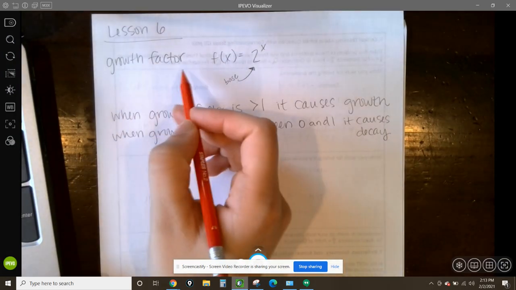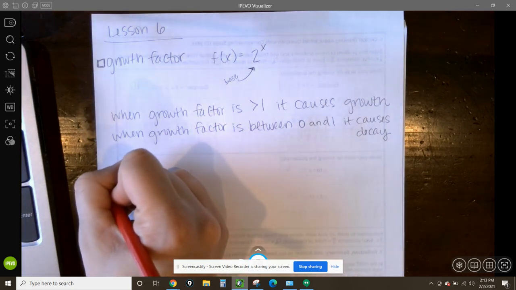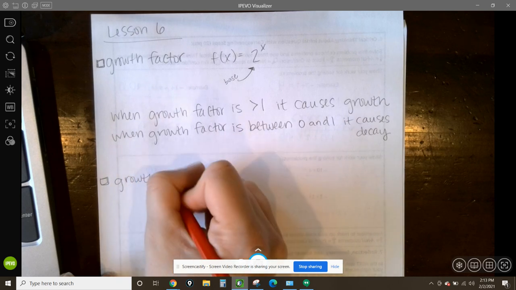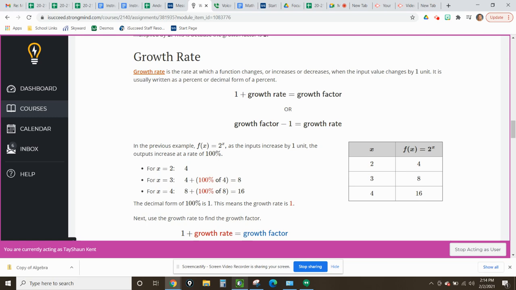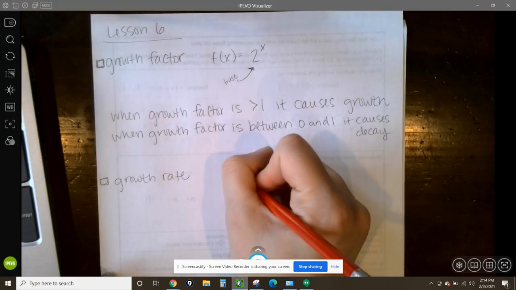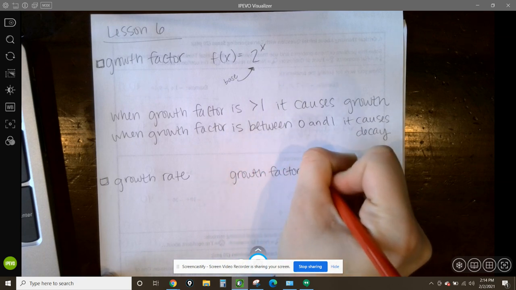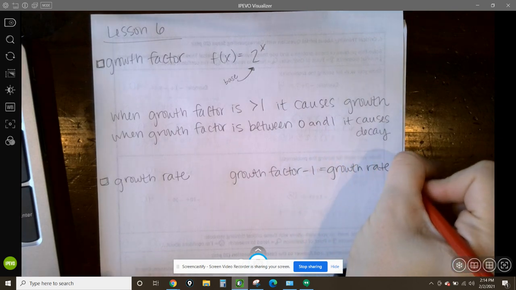So we have growth factor up here. Maybe I'll make like a little box to show that was the main thing. And now we have growth rate. And what it said about growth rate was the growth factor minus 1 equals the growth rate.